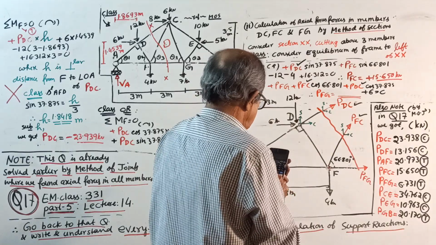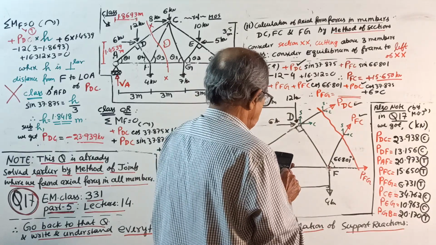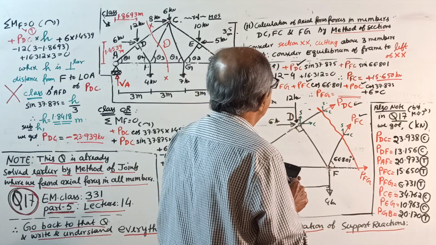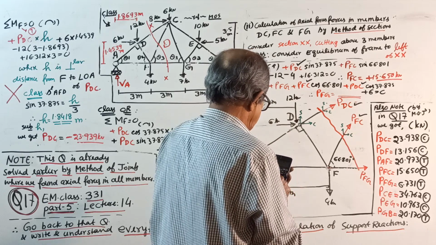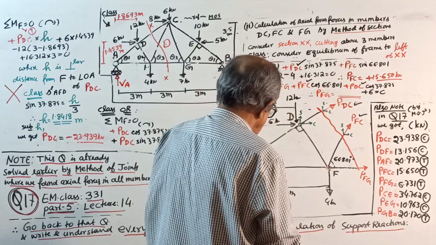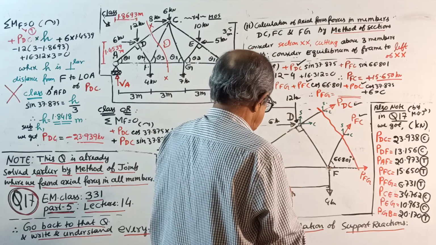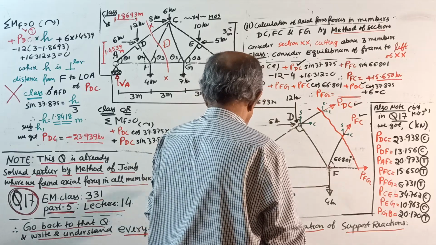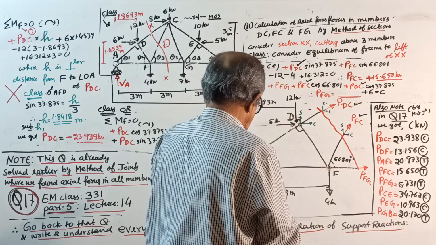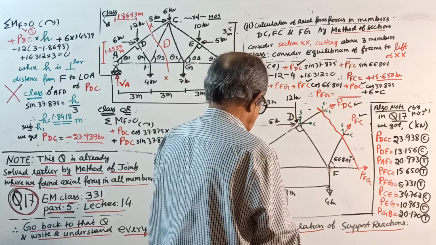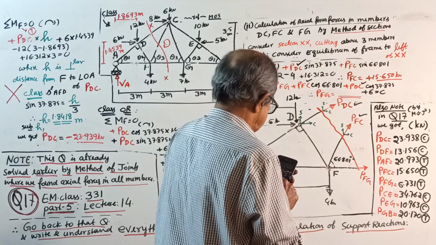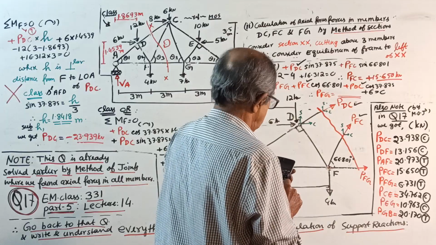PFC, where is PFC? 15.650 into cos of, where is the answer? Cos of 66.801, that over plus PDC. PDC is how much? Plus 23.939 into minus 1, minus of that value into cos of 37.875 plus 6.